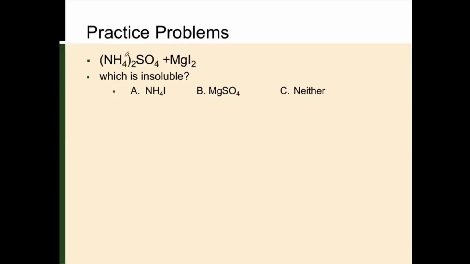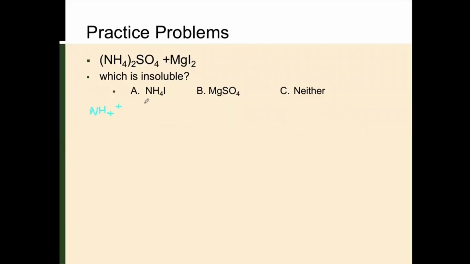we have our ammonium sulfate. So let's see, is that balanced? Let's see. So our products here are ammonium iodide and magnesium sulfate. So ammonium is NH4 plus.